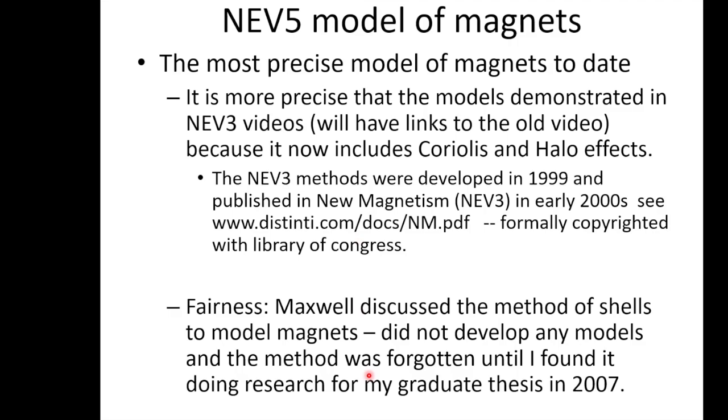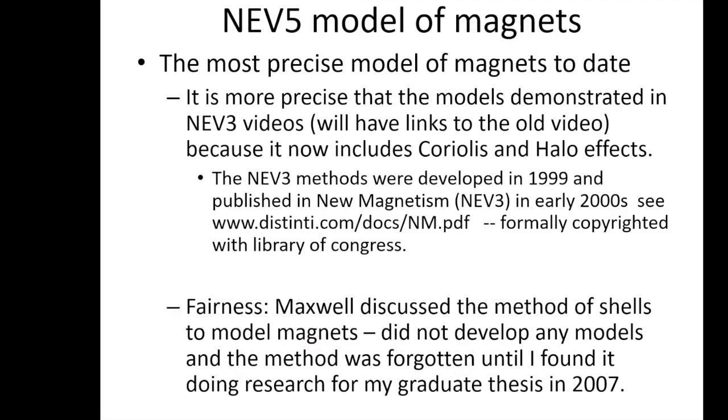In fairness though, Maxwell did come up with the edge current idea of magnets. He called it the method of shells. But unfortunately, he just had a brief description of it, didn't really do any reduction to practice, and it has been forgotten. Nobody picked it up from Maxwell's original work. It was something that got completely overlooked.